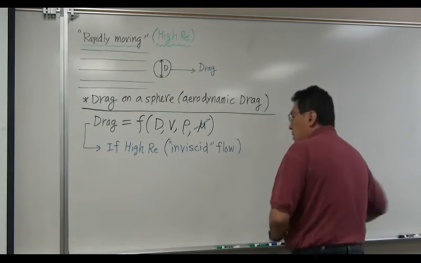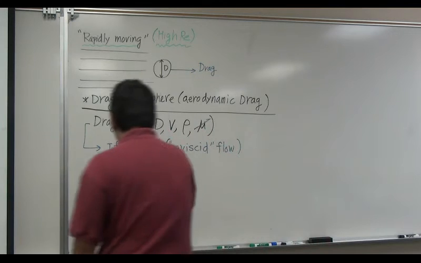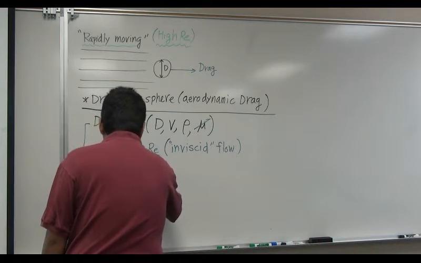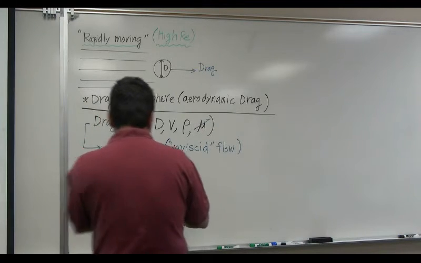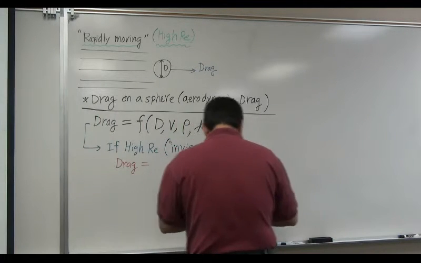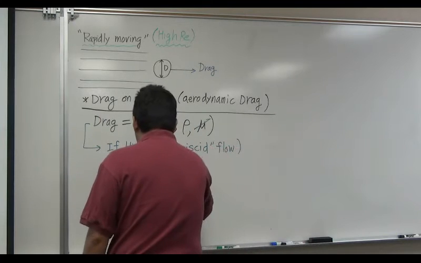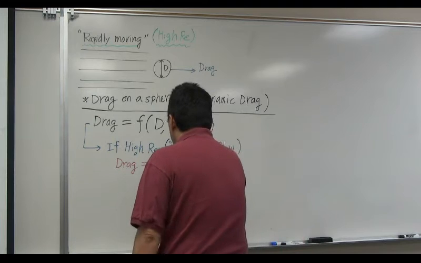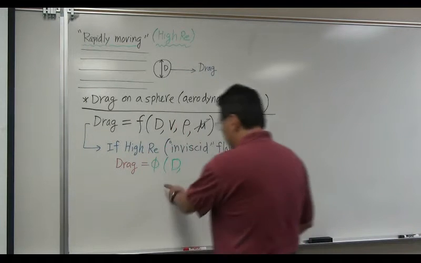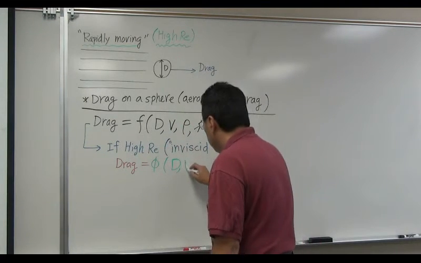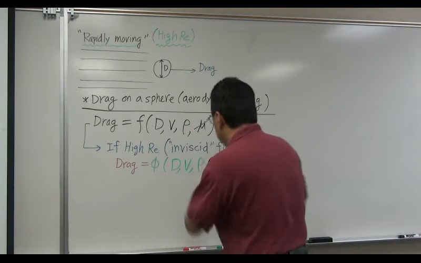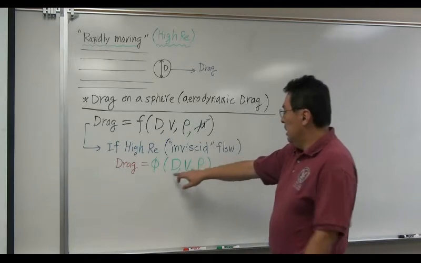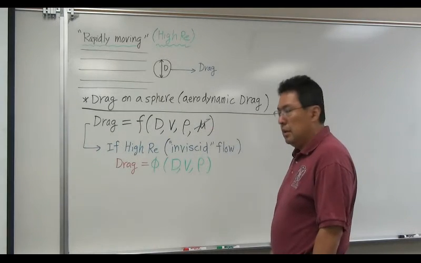So the drag in high Reynolds number depends, let's not use F, phi, because it's not going to be the same functional relationship. Still depends on diameter, still depends on velocity, still depends on density, but it no longer depends on viscosity anymore.